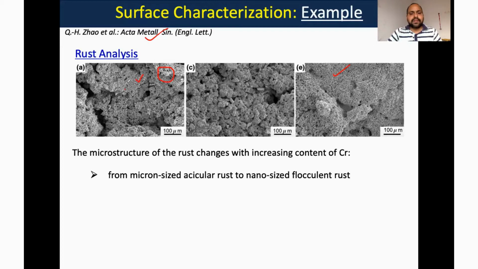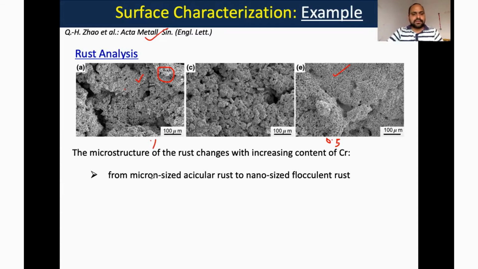What they analyzed is that there is a change from micron size acicular rust to nano size flocculent rust when the concentration of chromium increases, changing from 0.1 to 0.5. So when it is increased, there is a change from micron size rust to nano size rust.